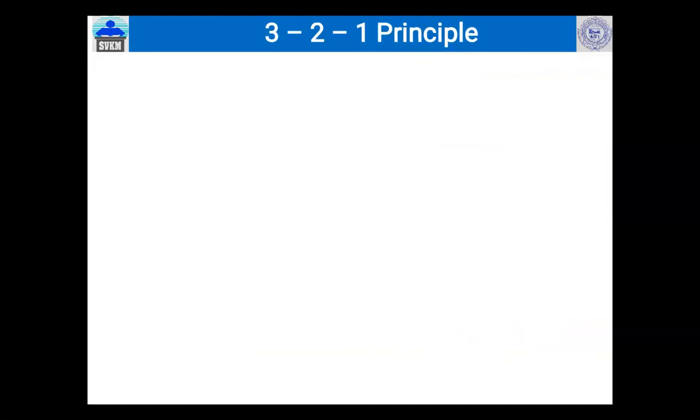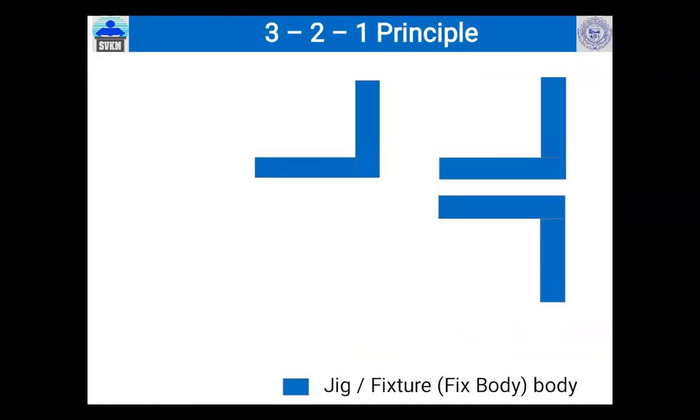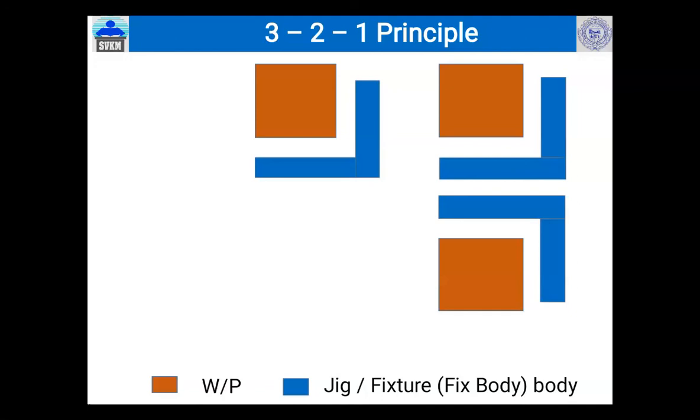Now if a workpiece is kept in a fixed body, which is called fixture body or a jig body, and if we add 3 pins at the bottom of the workpiece, you can see 3 pins added at the bottom of the workpiece, and their respective positions in other two views. You can see 3 pins at the bottom.